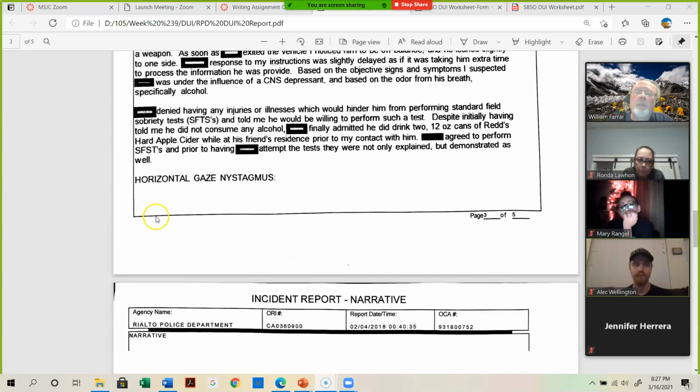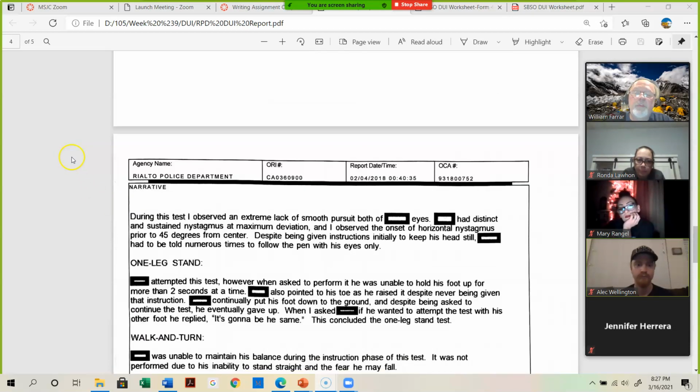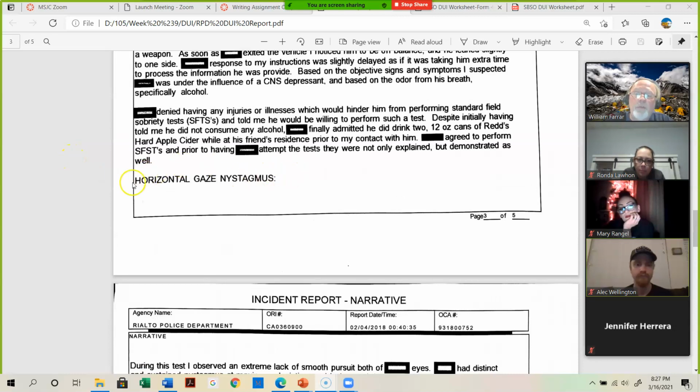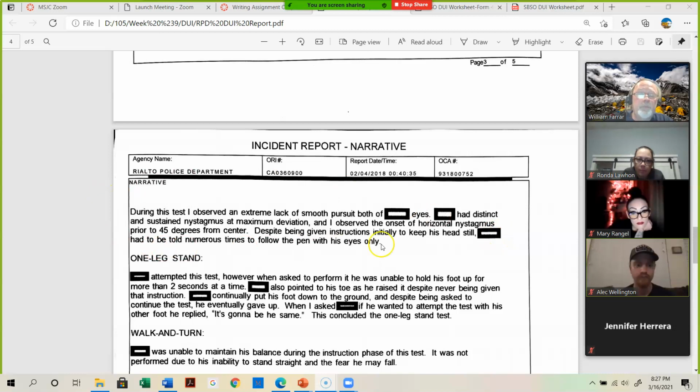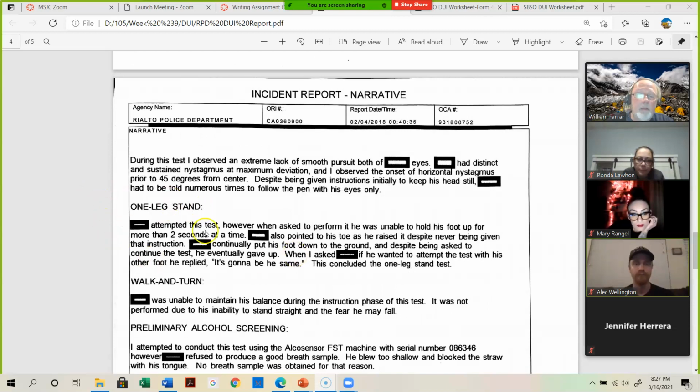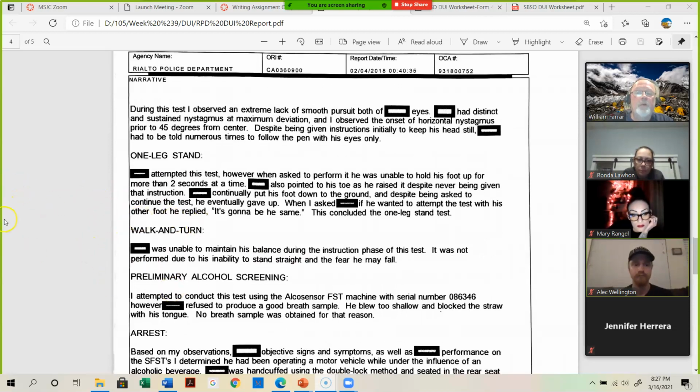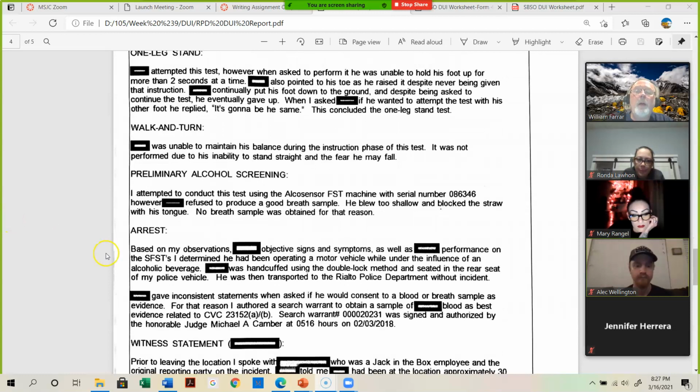But so the officer does the test. The first one he does is the horizontal gaze nystagmus. It's not that much, right? It's a little paragraph. He does the one-leg stand. He does the walk and turn. It just so happens that this officer had what they call a PAS device with him.